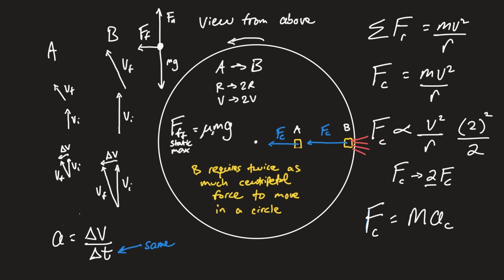Well, now you can do it. Now you can be moving in the circle out there because you're able to get up to twice as fast as you were moving at point A, because you have this additional inward force to help you get more acceleration, which again is required for you to change your velocity vectors in the same amount of time. So it all kind of pieces together.